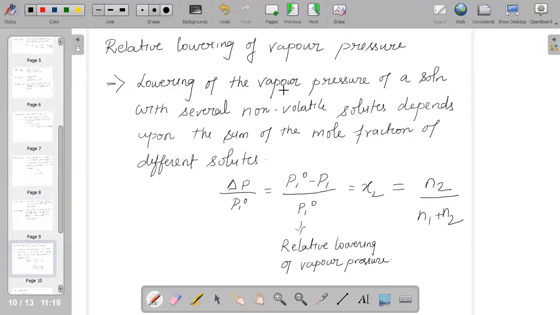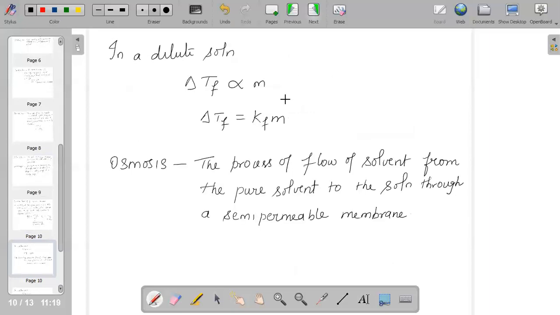And next we have to talk about dilute solutions. In a dilute solution, delta TF is directly proportional to m, and similarly delta TB, the elevation of the boiling point of the solution, will be directly proportional to m.